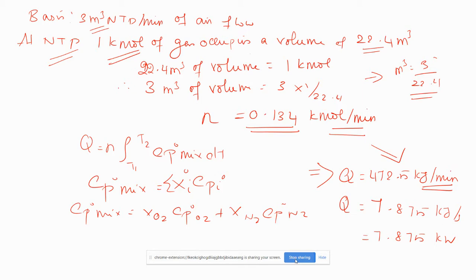So first we have to find the M average, that is X CH4 M CH4 plus X C2H6 M C2H6 plus X N2 M N2. So X CH4 is 0.84 into 16, the molecular weight of CH4, then X C2H6 is 0.13 into 30, and X N2 is 0.03 into 28, which is equal to 18.18.